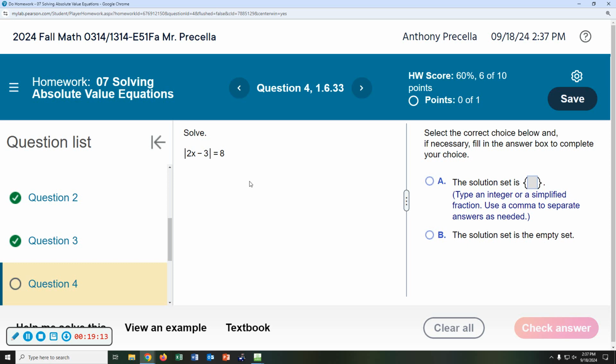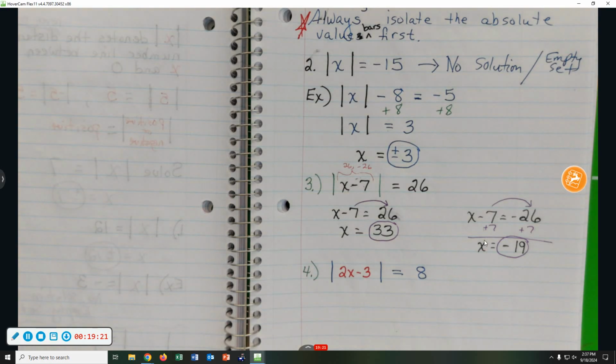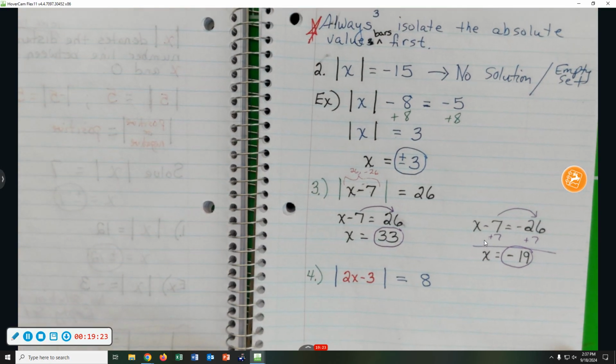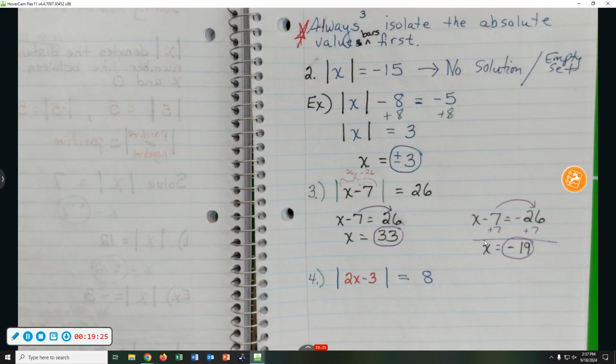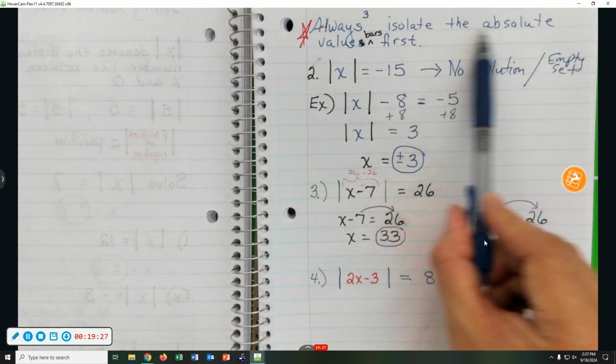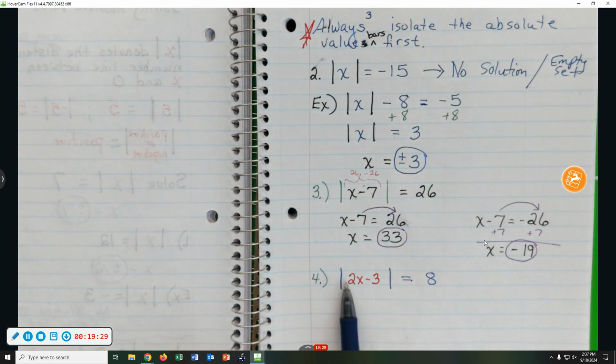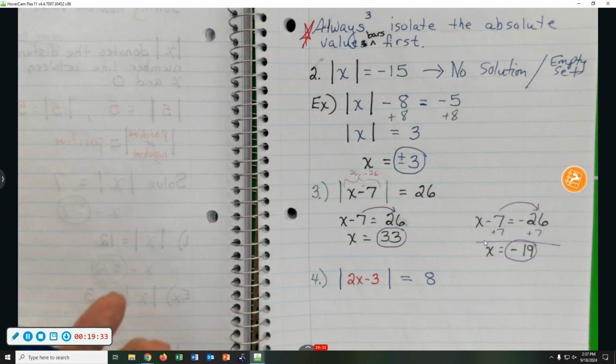Wait a minute. Equals 8. I'll move it up, but I first want to make a point. Are the absolute value bars already isolated? Yeah, they're by themselves.